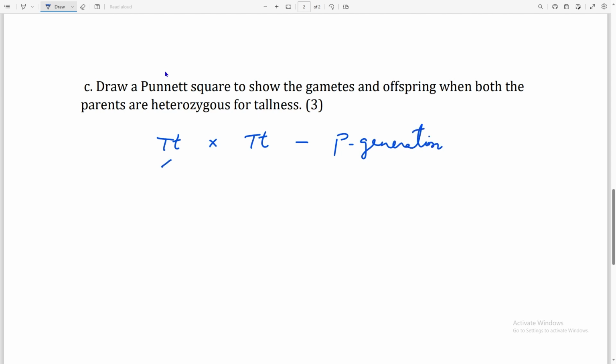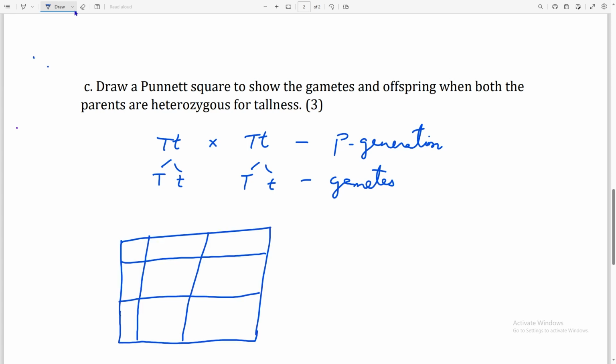What are the gametes formed? Capital T, small t, capital T, small t. These are the gametes. Then we have to get the Punnett square. So write down these two gametes on one side, capital T, small t, and these two gametes on the other side, capital T, small t.